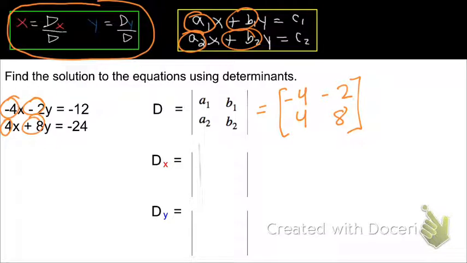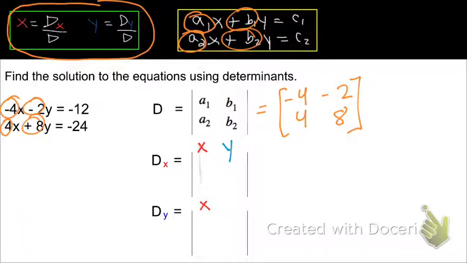Then the next two, to show you how these are slightly different, we need to know that the first column of our matrix is the x, and the second column is the y. So when we're trying to find Dx, we need to change the x column.